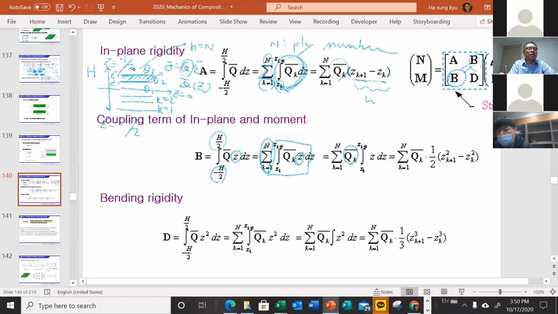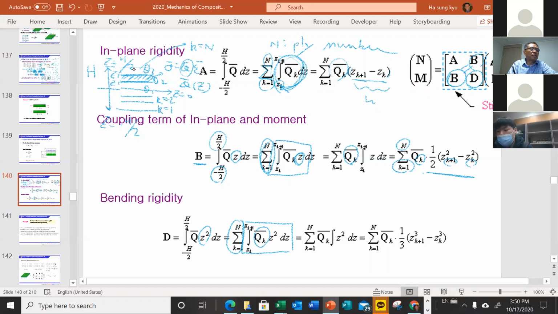Of course, we integrate Z. So this is the integration, and remember k equal 1 to N. This is the definition of B. Now bending, this D. D is the definition with Z square, over the ply, and integrate.